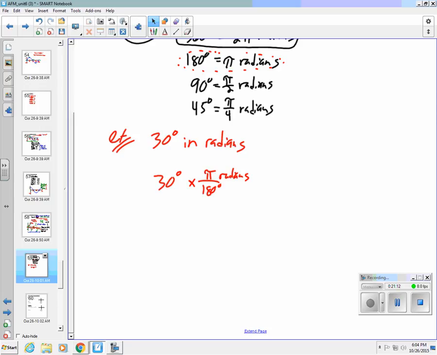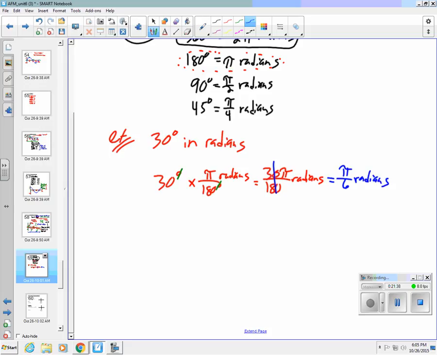I always try and line up our units so one's on top, one's on bottom. We multiply, and the degrees cancel out. So this would be 30 pi over 180 radians. Then we can simplify the fraction. 30 over 180 is 3 over 18 is 1 over 6. So pi over 6 radians, same thing as 30 degrees.